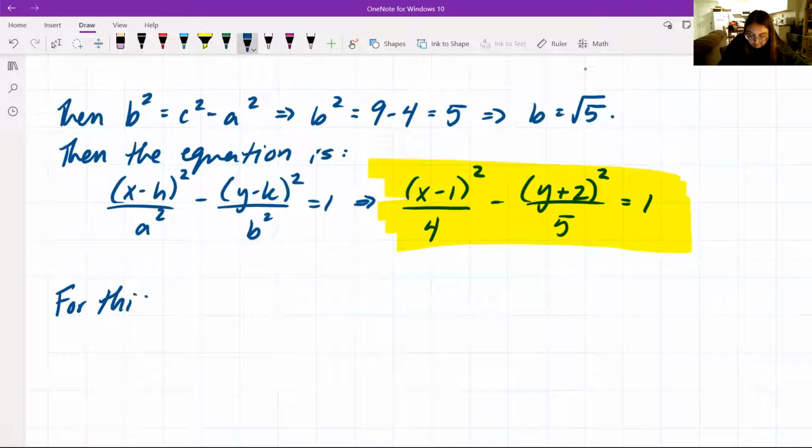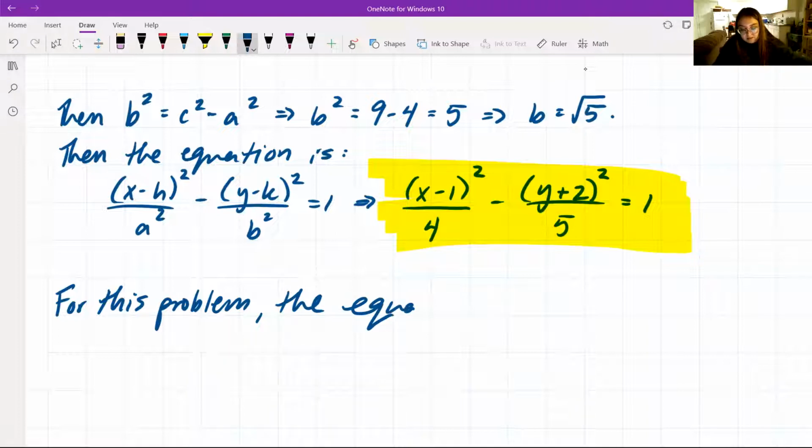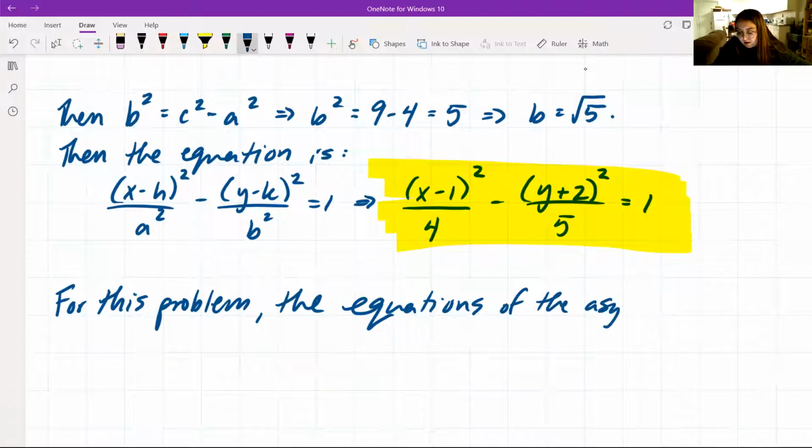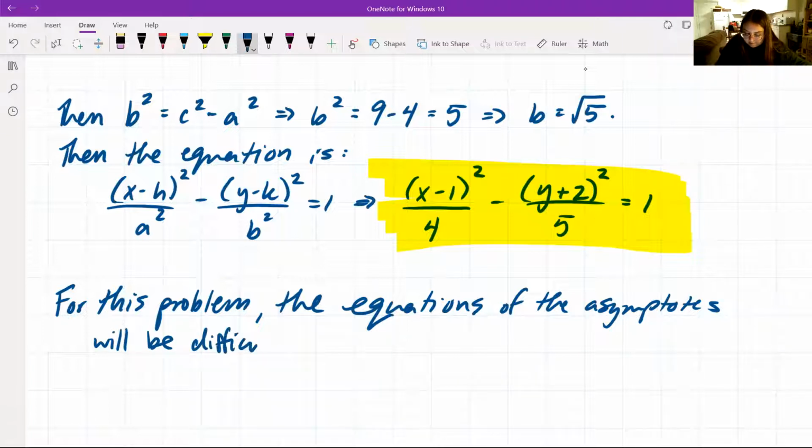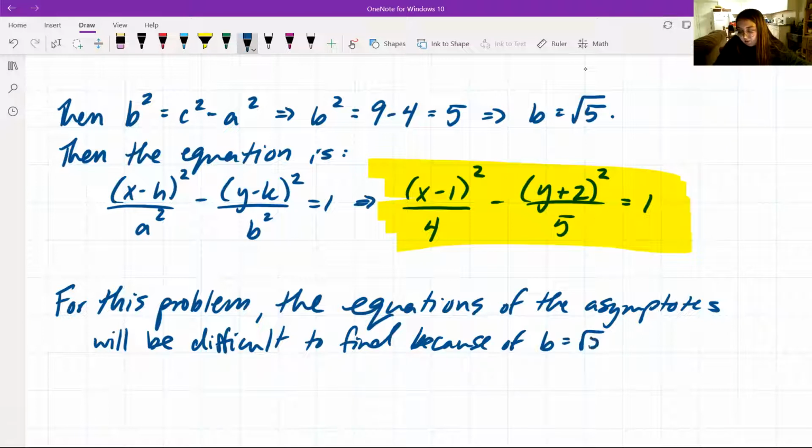So you can say for this problem, the equations of the asymptotes will be difficult to find because of b being equal to the square root of 5.